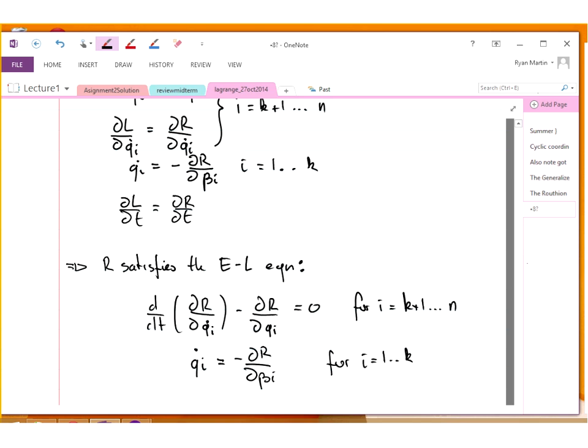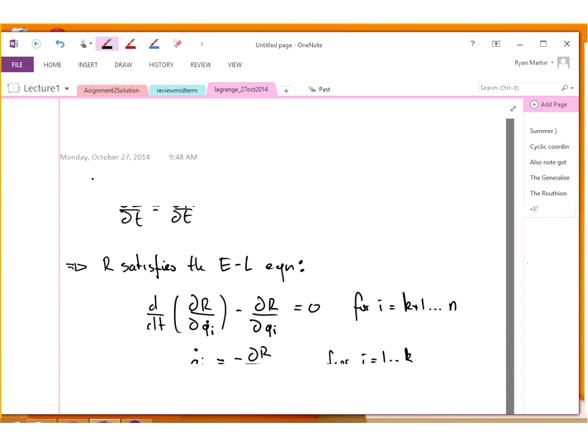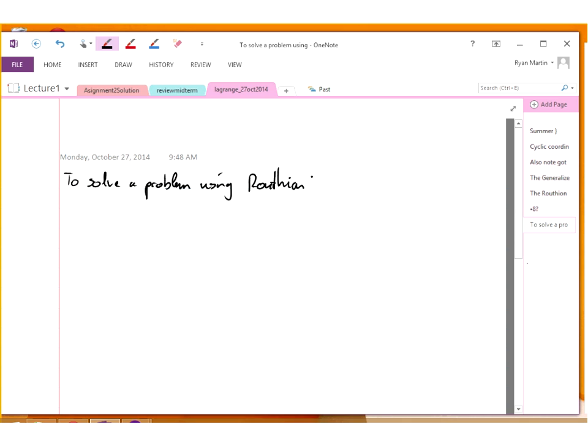So let's summarize the procedure. If we want to solve a problem using the Routhian, the first step is to write the Lagrangian and identify cyclic coordinates.